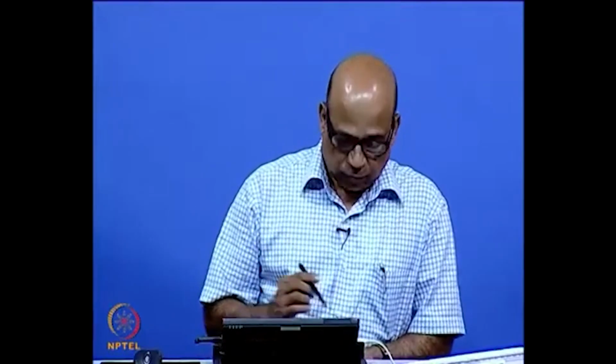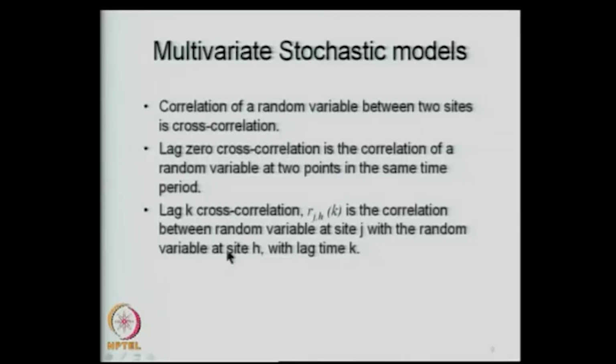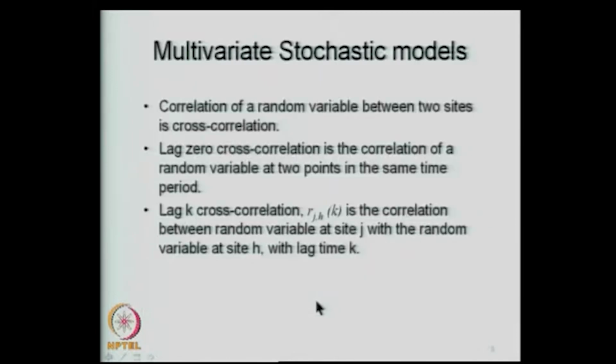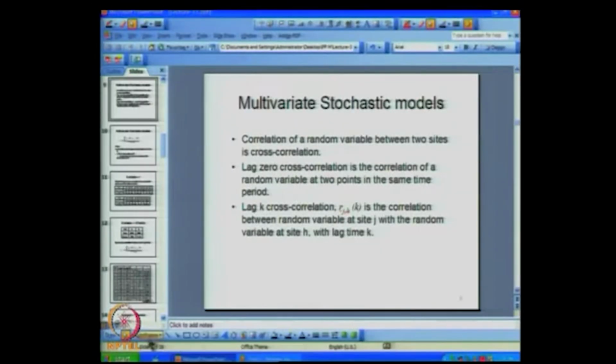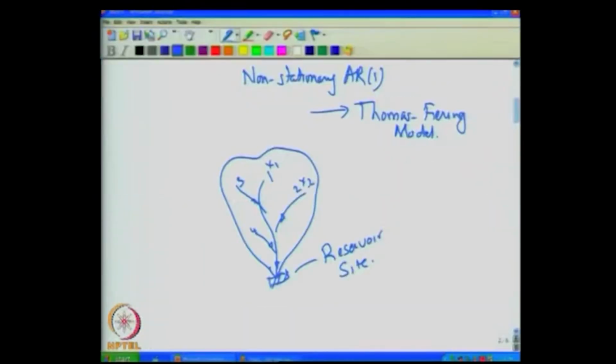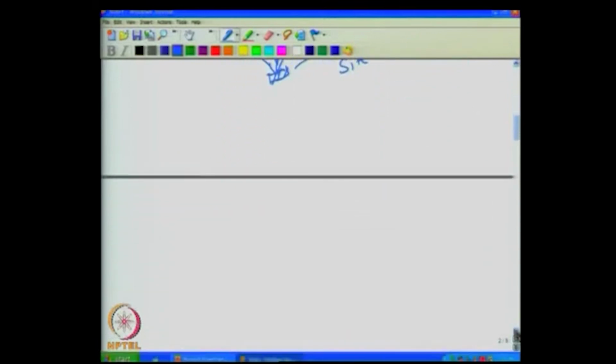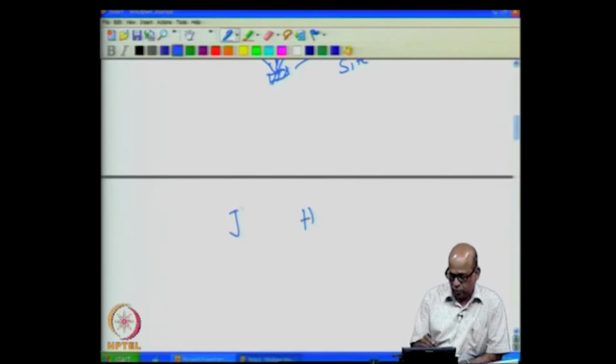So, we now define, let us say we are talking about a situation where we will examine so that we do not miss the points of definitions correctly. Let us say you have sites J and H, these are two different sites.